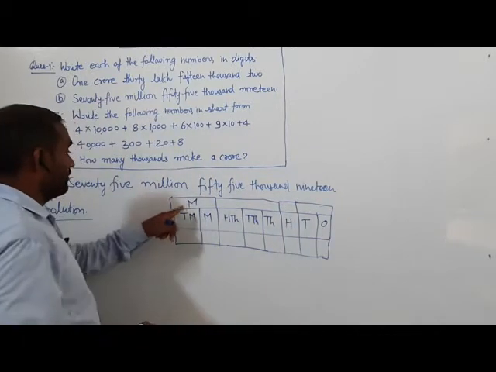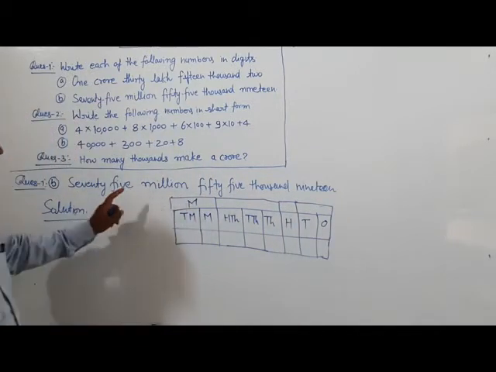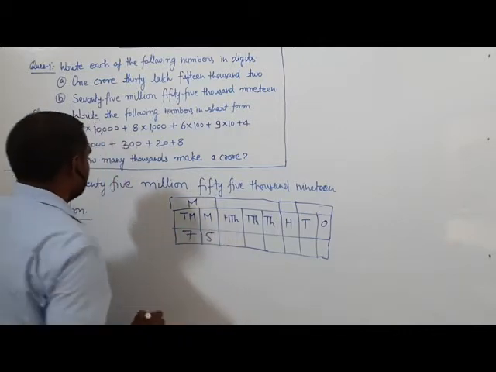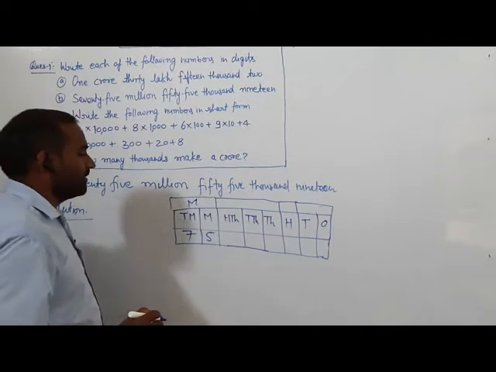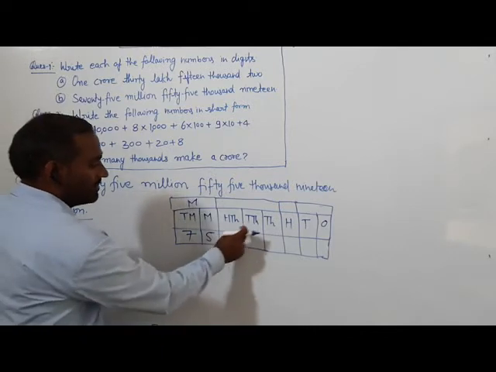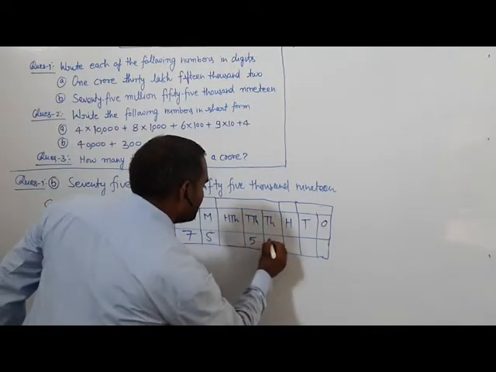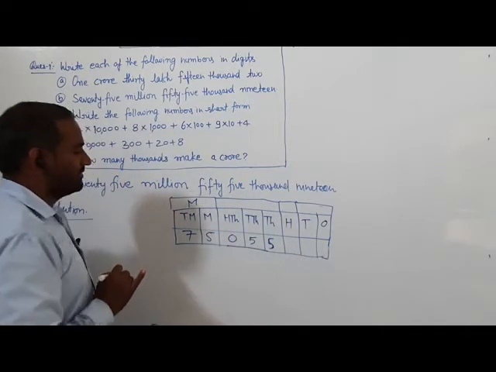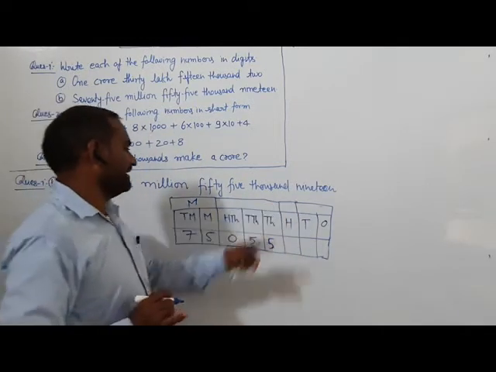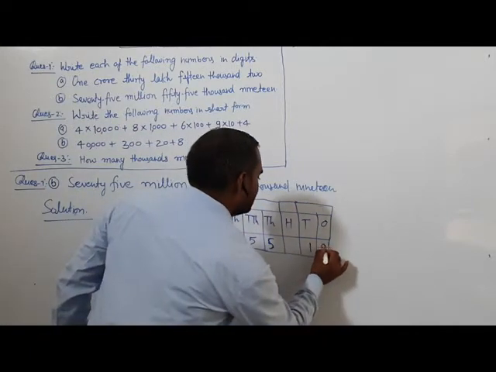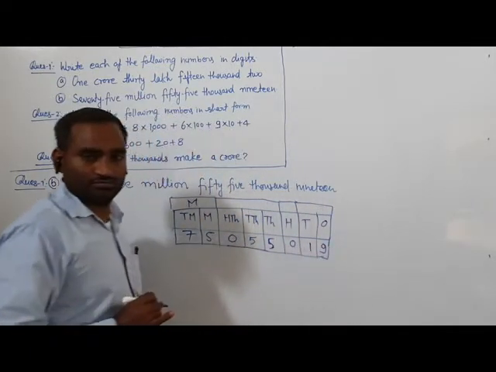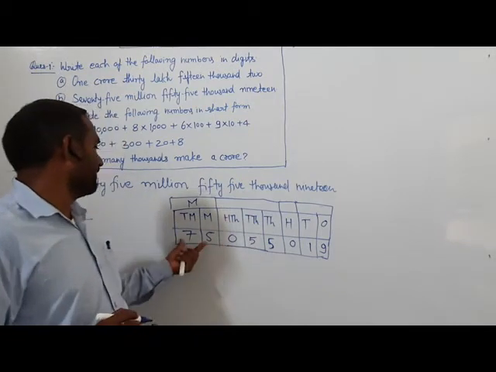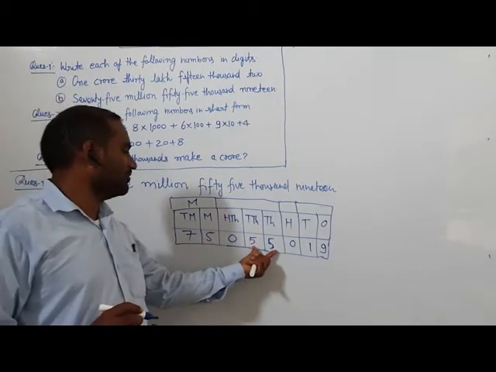So what is 75 million? 75 million, 55,000, not 100,000, 55,000, and the last places will be 9 and 0. So 75 million, 55,000, 90.